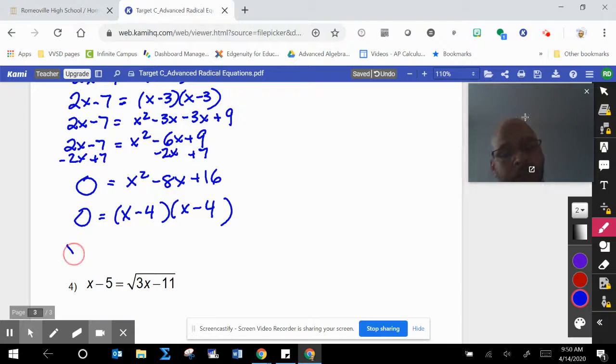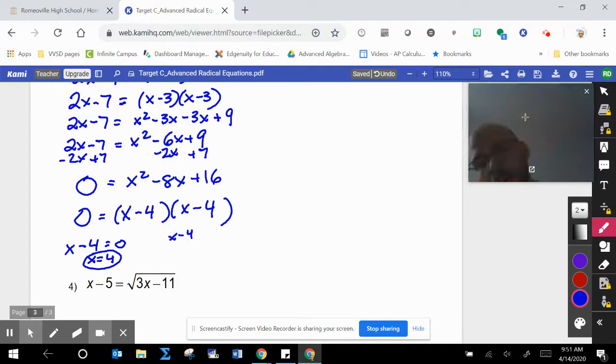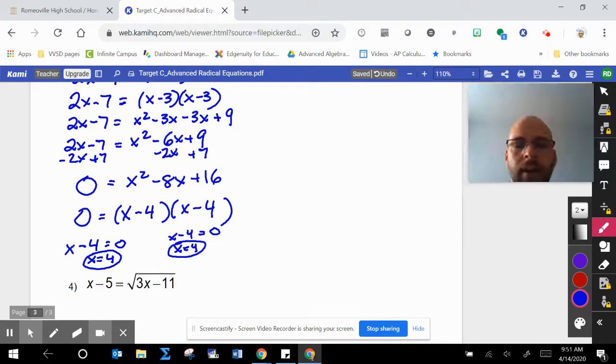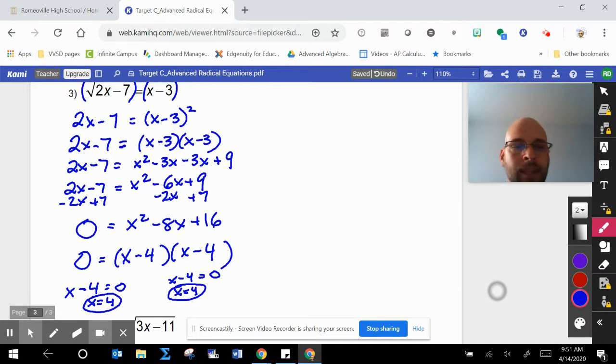Now, they are the same factor. If I take x minus 4 set equal to 0, if you add the 4, we're just going to get x to be 4. Now, if you do the same thing with the other one, it's not going to matter. You're going to get the same answer. You don't really need to write the same answer twice. Writing it once is good enough if they turn out to be the same thing.